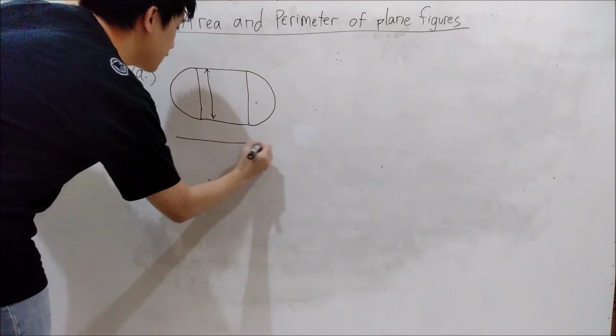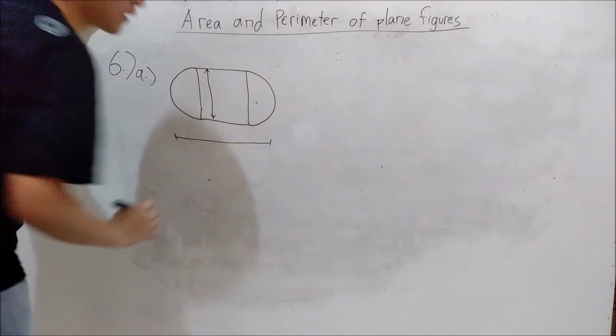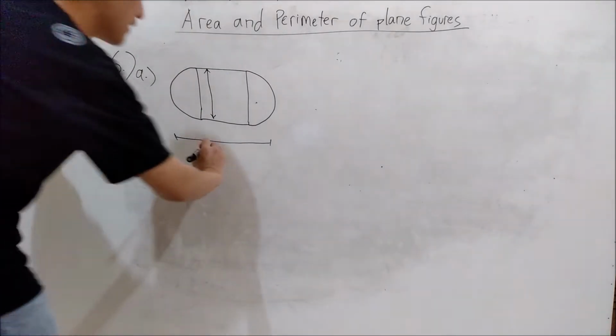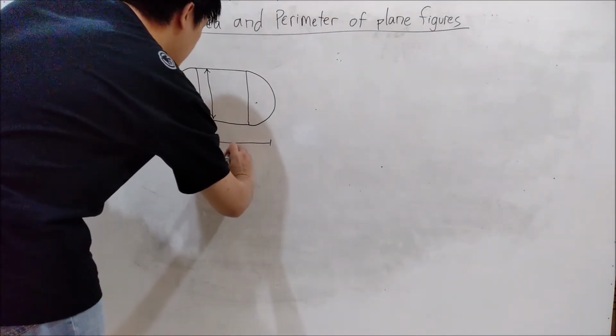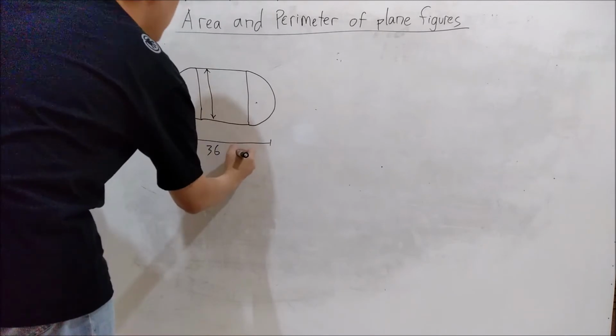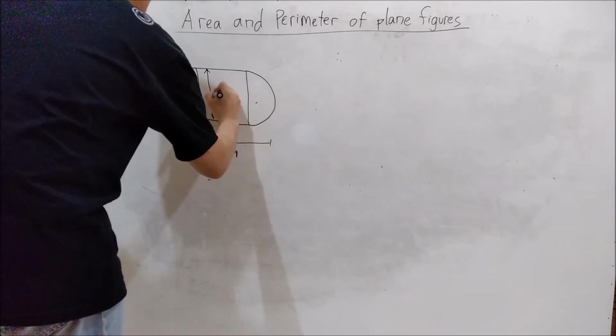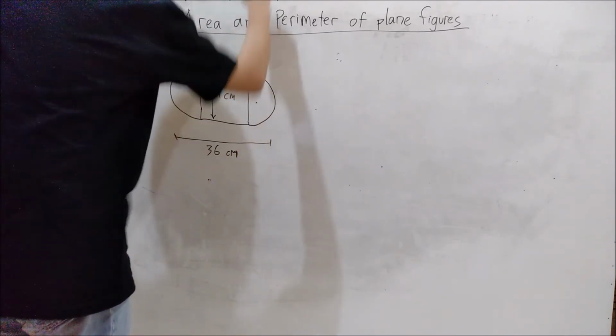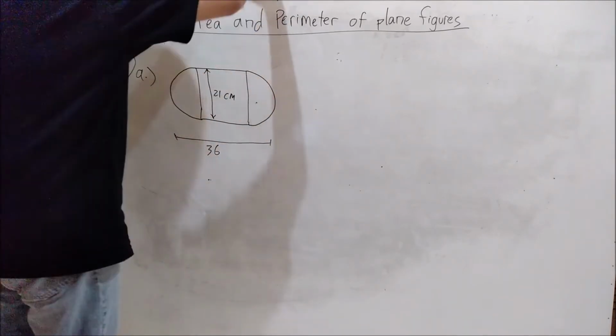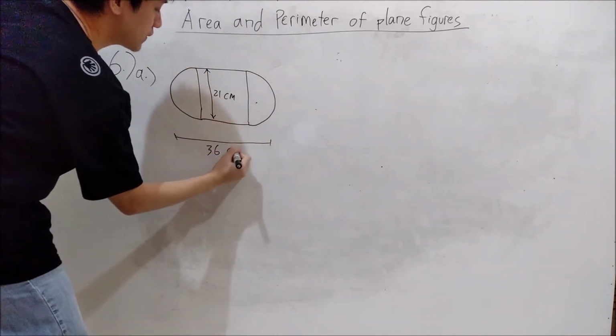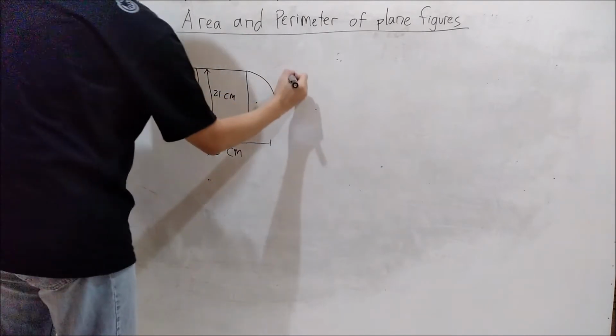From the left side to the right side, we have 36 centimeter, and the height of the rectangle itself is 21 centimeter. So how do we count this figure? Let's start with the perimeter.